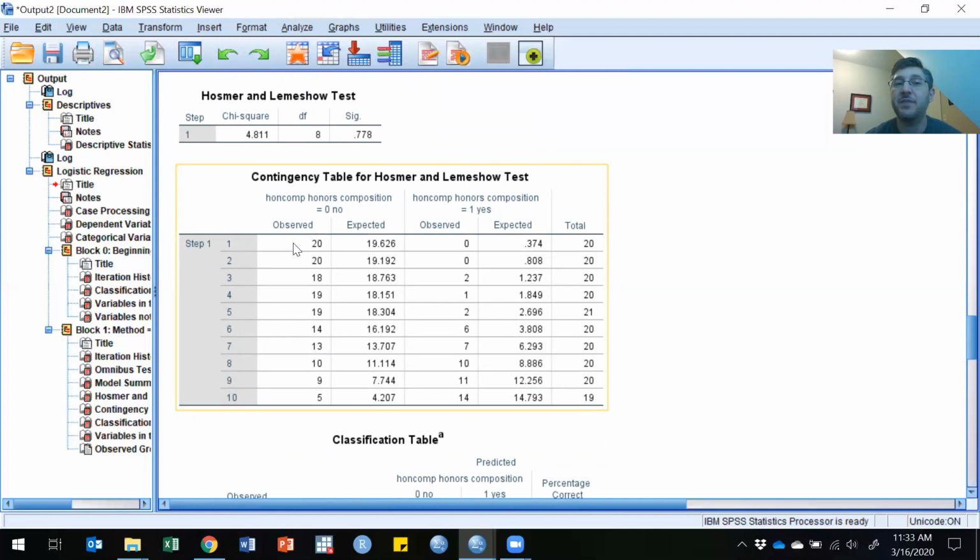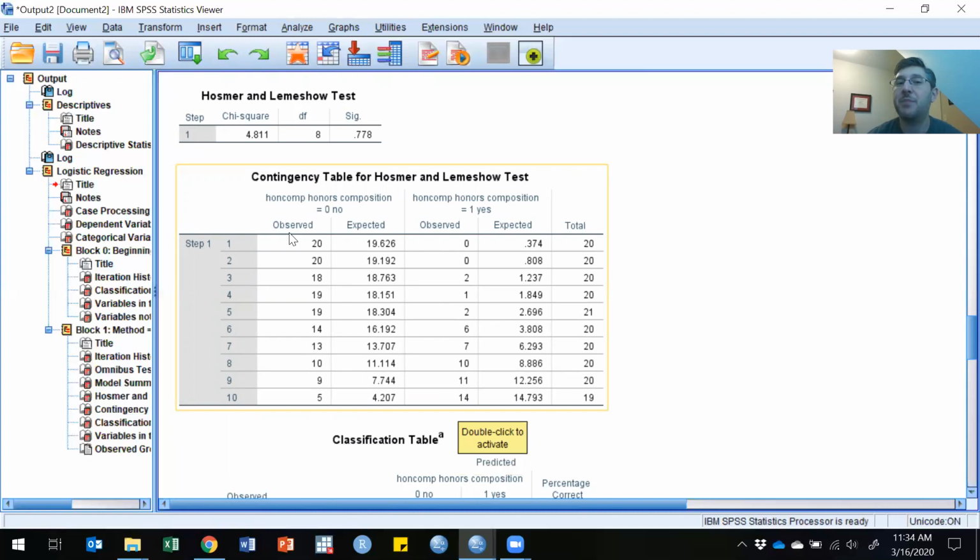If the model's doing a good job of predicting who's in which category, then as we're in these lower deciles, we would hope to do a better job of predicting that you're not in the honors composition, where when we get into the upper deciles, we're doing a better job of predicting that you are in the honors composition.